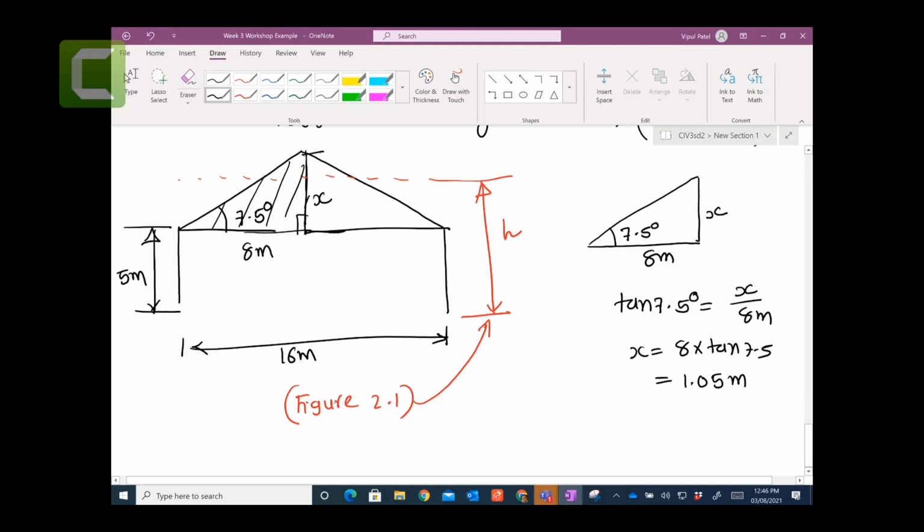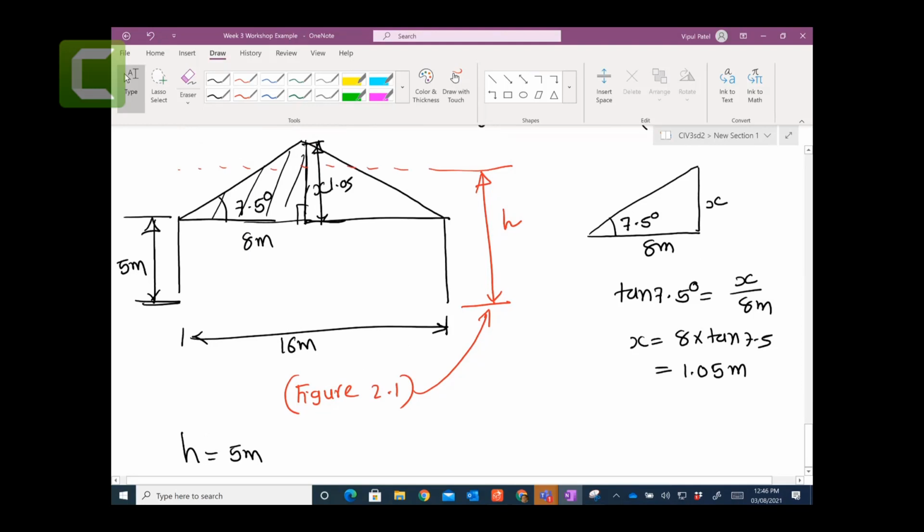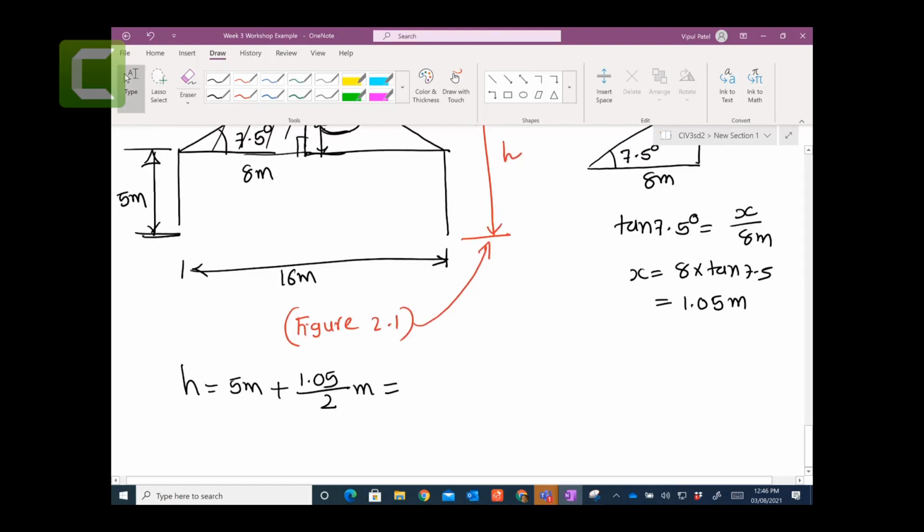So this height from here to here is 1.05, but we need the halfway through, right? So the H would be 5 meters plus this halfway through, 1.05 over 2 meters.